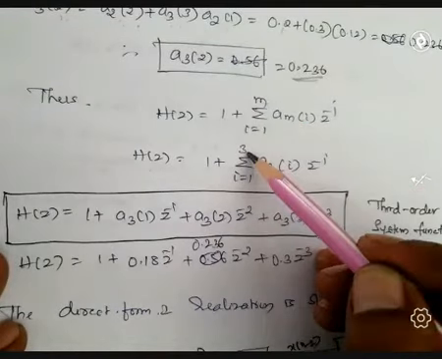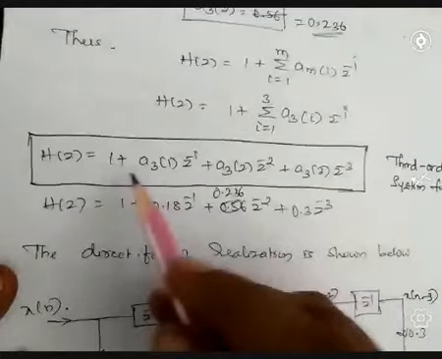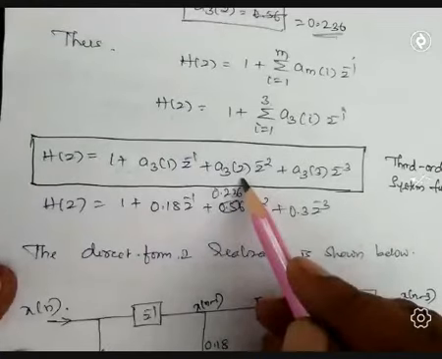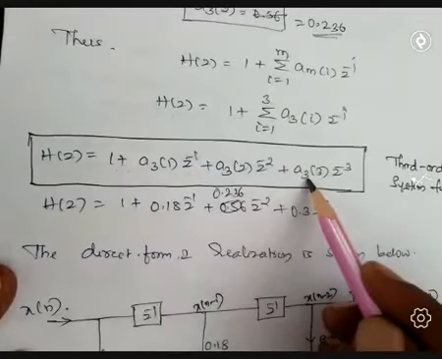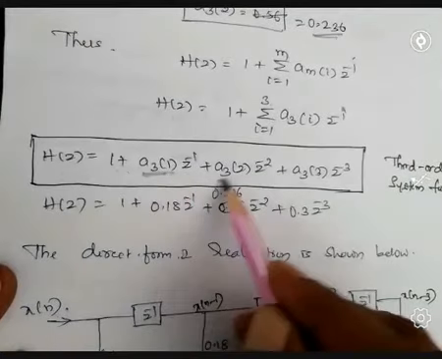A3 of I multiplied by z to the power minus I. Expand the summation term. H of z equal to 1 plus A3 of 1 z to the power minus 1 plus A3 of 2 z to the power minus 2 plus A3 of 3 z to the power minus 3. So we are supposed to calculate A3 of 1, A3 of 2, A3 of 3.